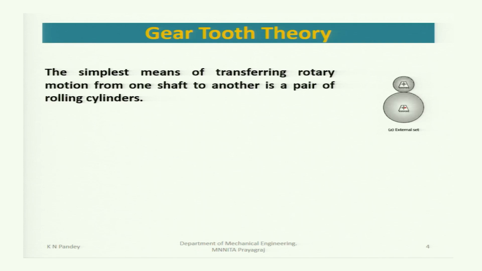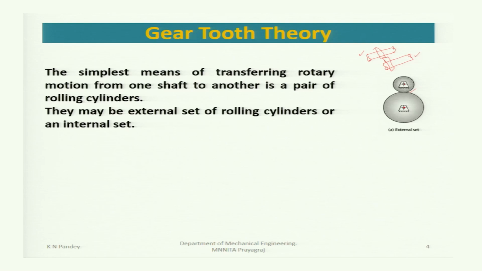That means we have a shaft here and another shaft, and we want to transmit power from this shaft to this shaft. Then the simplest way is to mount two cylinders like this, and they will be touching each other at this point.